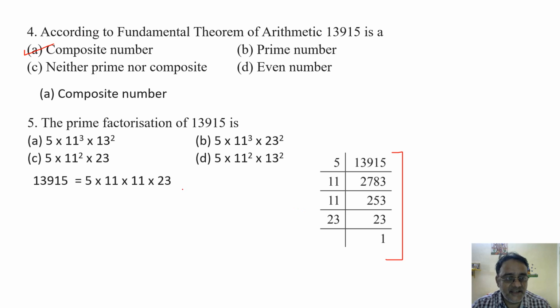So the correct answer is 5 into 11 to the power 2 into 23, option C. Now we are moving toward the next question.